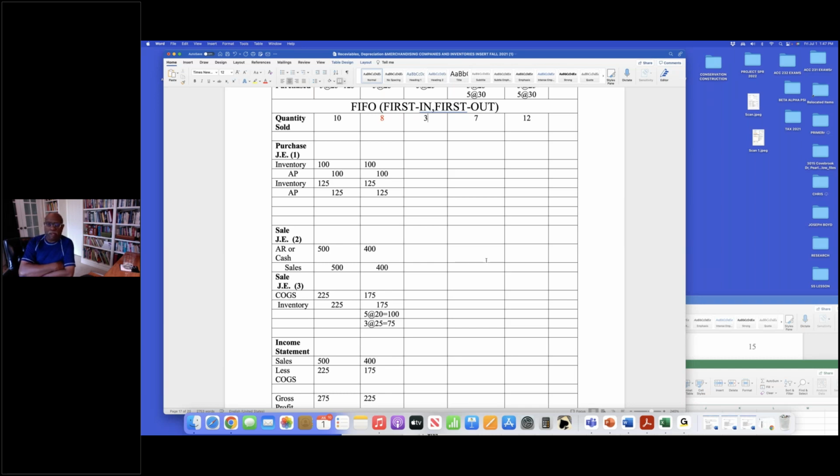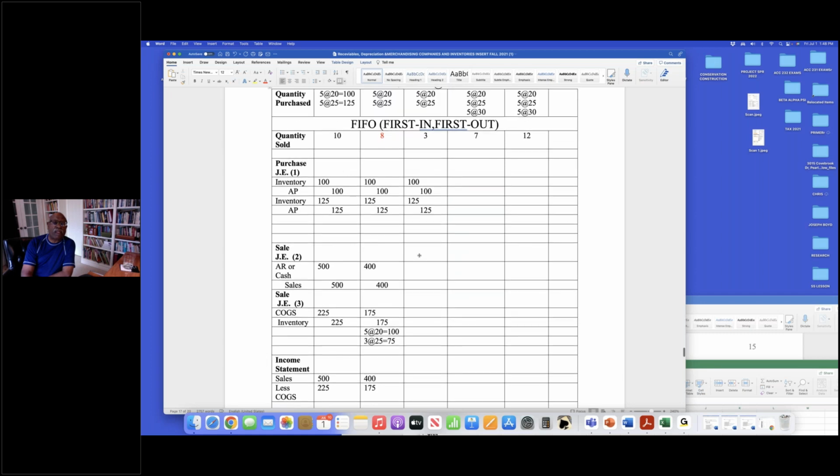It's the same price, 5 at 20 and 5 at 25. So that stays the same. How much money are you going to get now if you sell just 3 pairs of shoes, Stalwart? If you sell them for $50 each, how much money are you going to get?